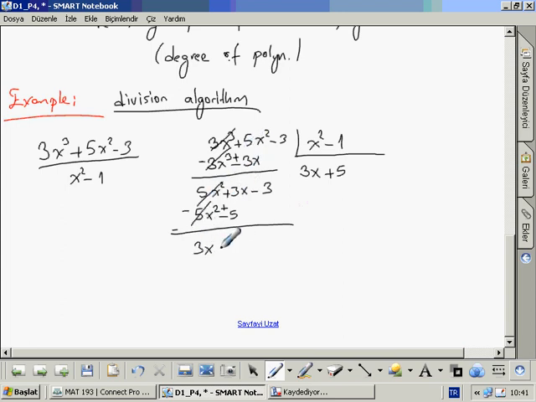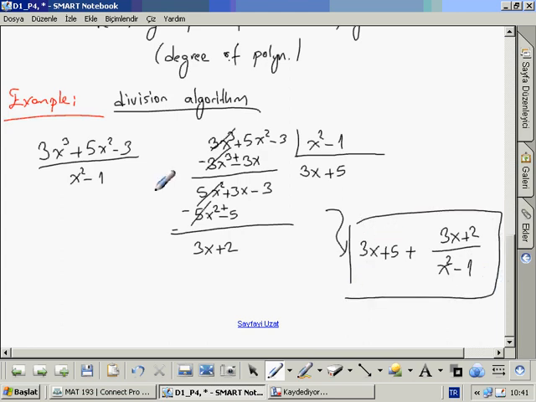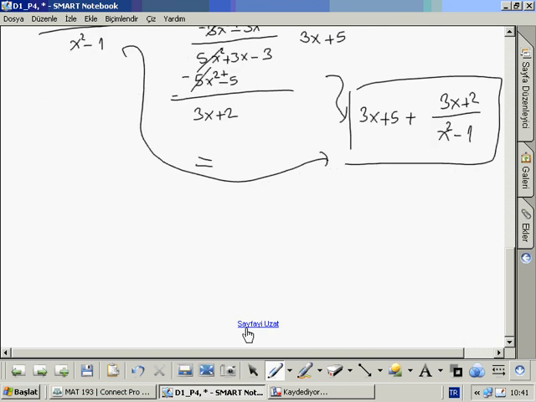So 3x plus 5 minus 3, and it will be plus 2. Now we can write it: 3x plus 5 plus 3x plus 2 over x squared minus 1. This part equals this. And let me continue with the roots and the factors of polynomials.